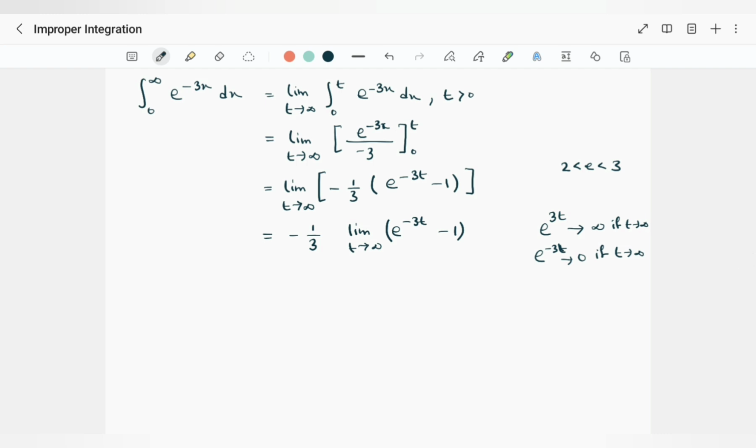If something goes to infinity, then the reciprocal of that goes to 0. So this limiting part is actually 0. So this is minus 1/3 of 0 minus 1, which is equal to 1/3. So this limit gives a finite value, hence the integral is convergent and the value is 1/3.